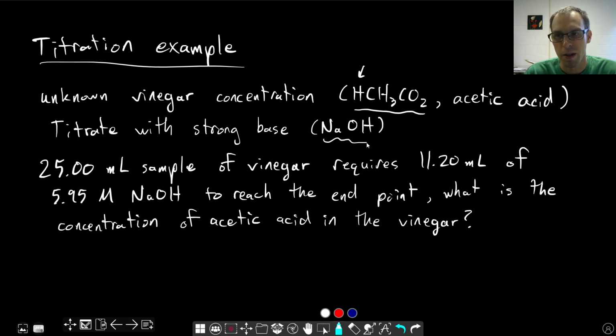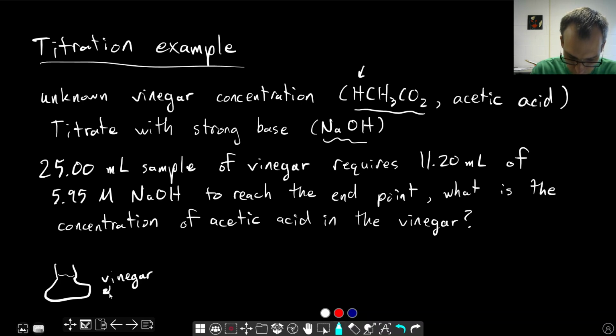And so if we're going back to our previous picture, our vinegar is down in this flask here, and we're going to titrate with our sodium hydroxide up here. We have some amount that we don't know of acetic acid in the vinegar sample, and we're going to add enough sodium hydroxide to reach the endpoint where the color changes for the indicator.